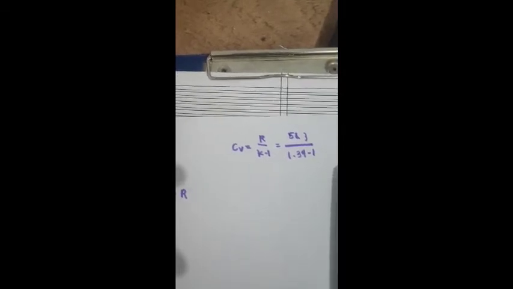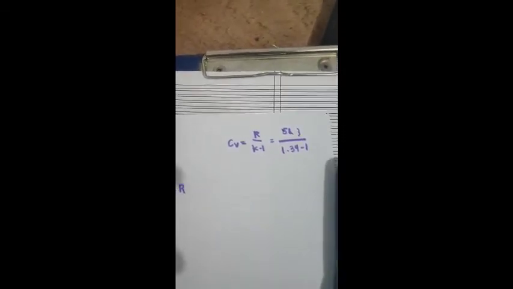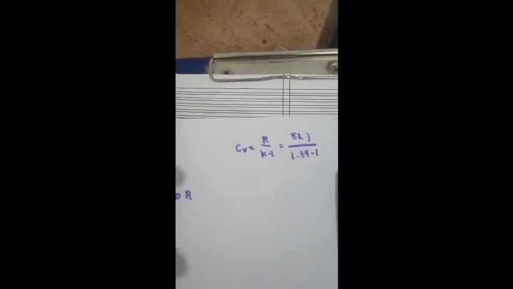So from this you will get 53.3 over 1.34 minus 1, which is equal to 156.765.